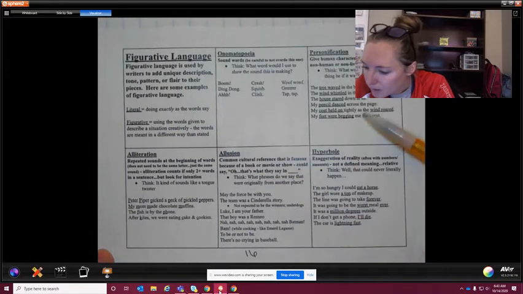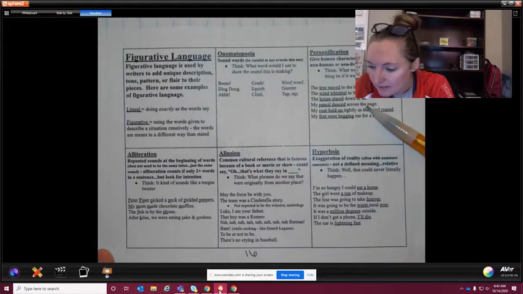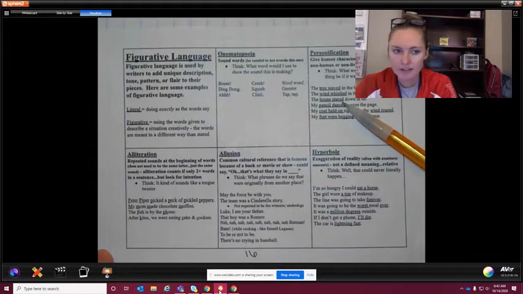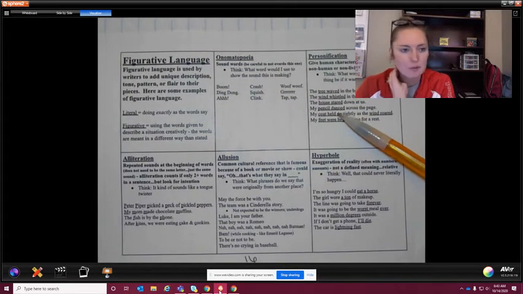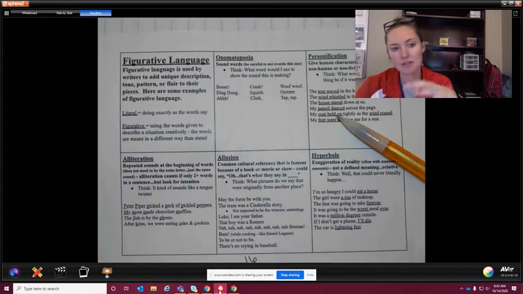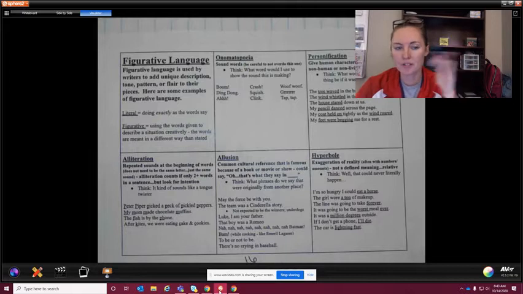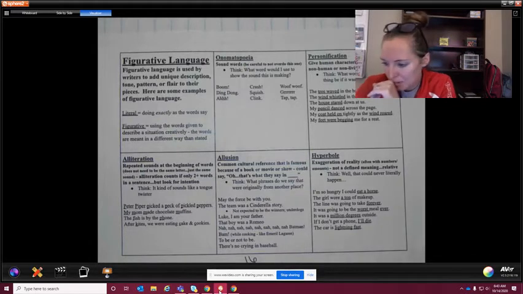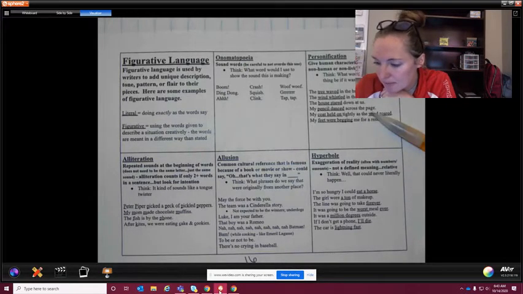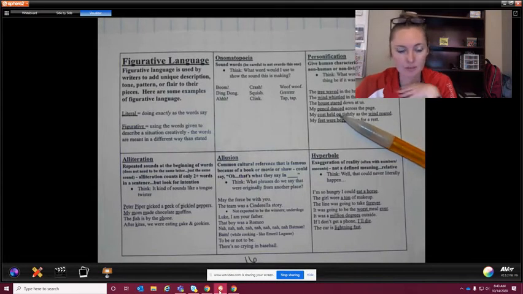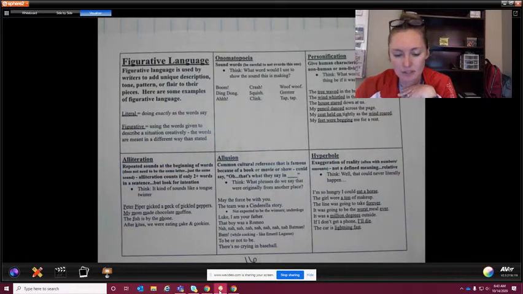Okay, another one that says the house stared down at us. A house can't really stare, but I'm thinking this house has to be very tall for it to stare down at someone. Okay, my pencil danced across the page. To me, what that's trying to say is that you're writing a lot, because when you write, your pencil moves around.